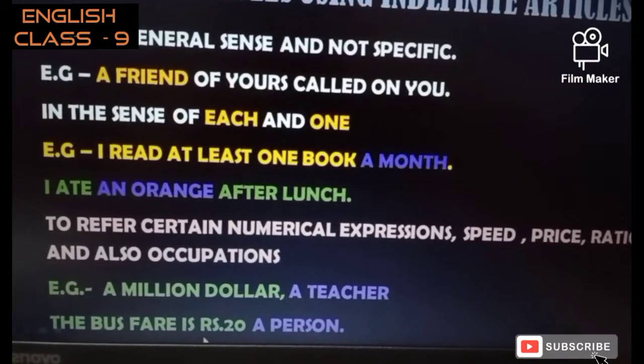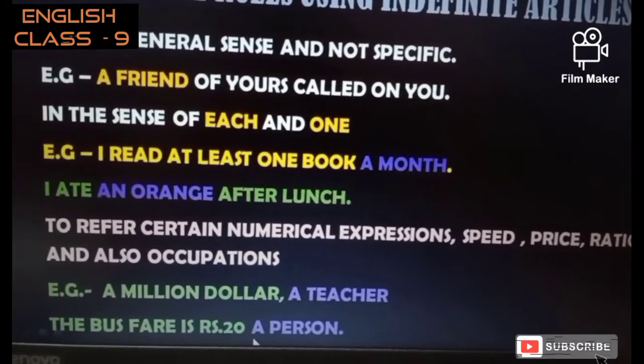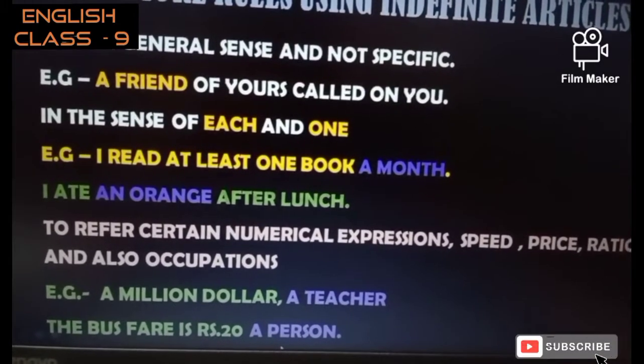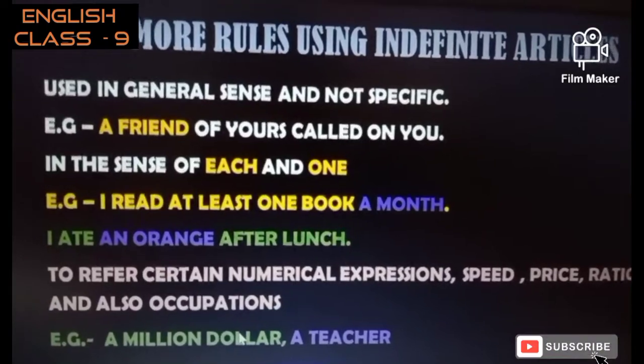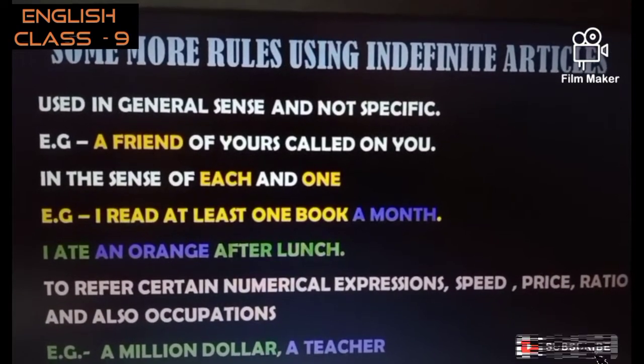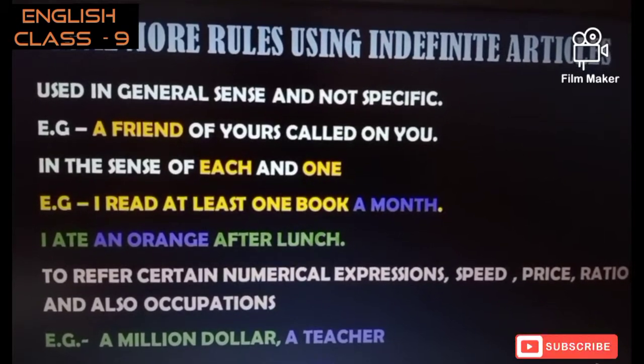The bus fare is rupees 20 a person. Here it represents the price. For per person we have 20 rupees. So here a person represents one person. So these are some of the basic or common rules which can be used when using the articles in context.